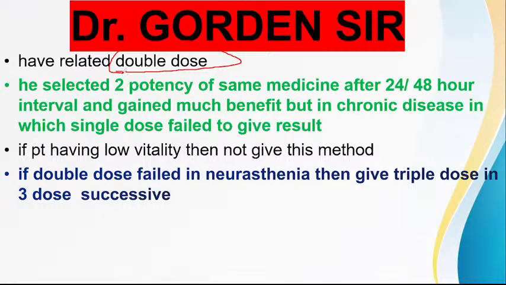Dr. Jordan also said that in cases of neurasthenia or nerve related problems, we can also use a successive triple dose, like 30, 200, 1M in a gap of 24 hours, or 200, 1M, 10M in a gap of 24 or 48 hours, successive potency. See, this is a typically different idea from our other homeopaths.